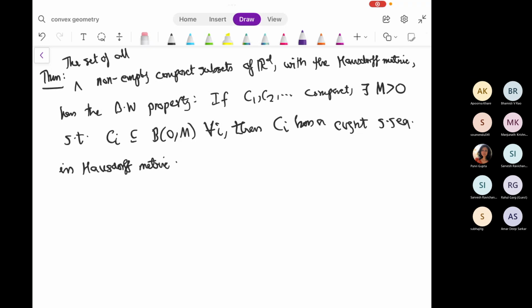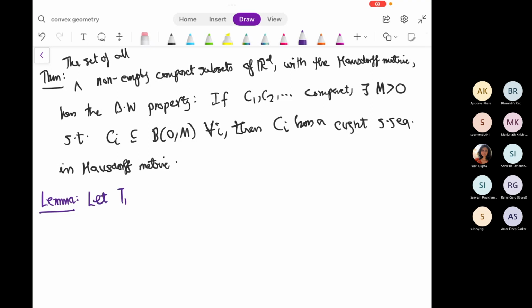Now, here is a nice lemma that talks about how symmetrization will affect holes in a particular structure. Let me explain quickly how this works.